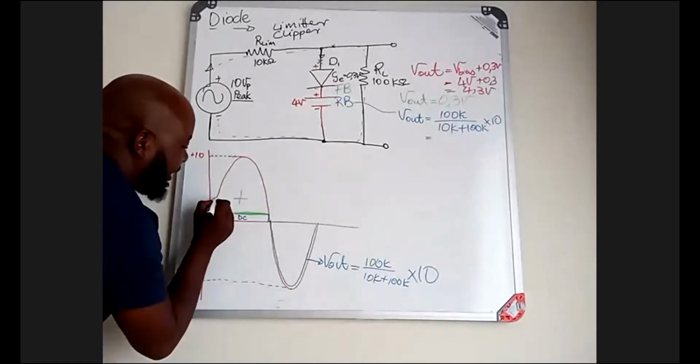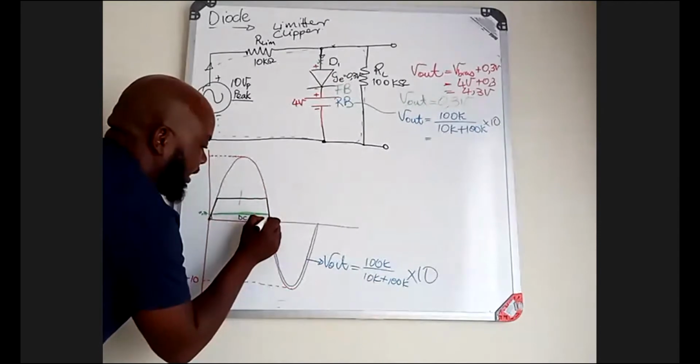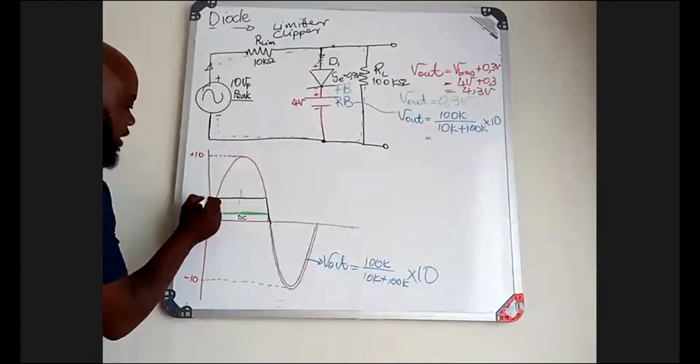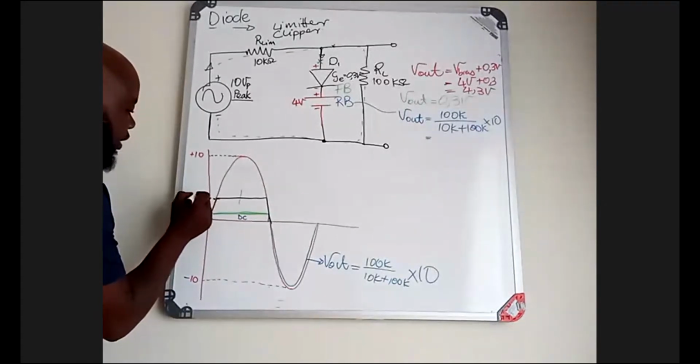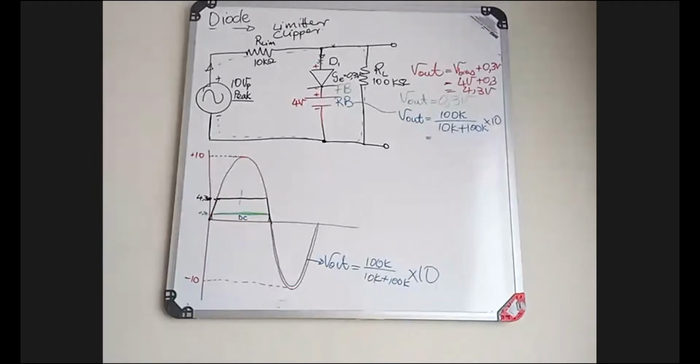Then that is where your output will be, which means during the bias introduced, you will have 4.3 volts.